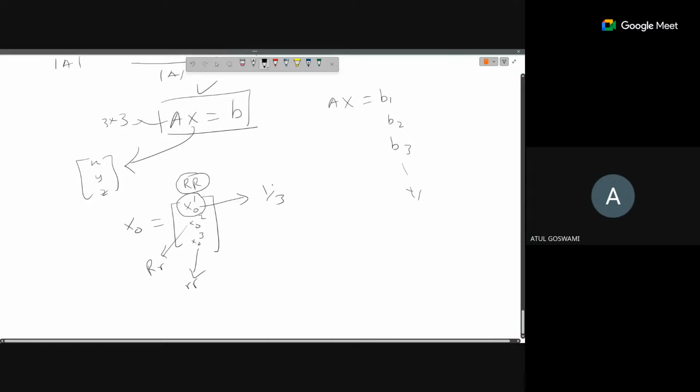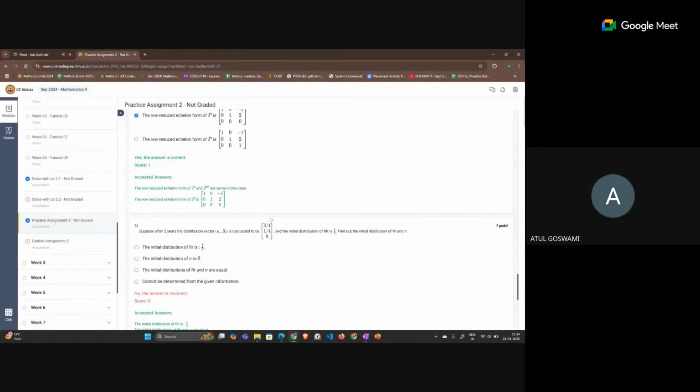Is that clear up to this part? Okay. Now x2 is given, and it is asked what is the initial distribution of the other two.